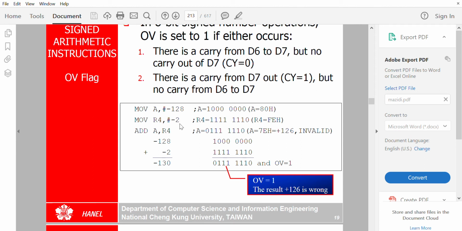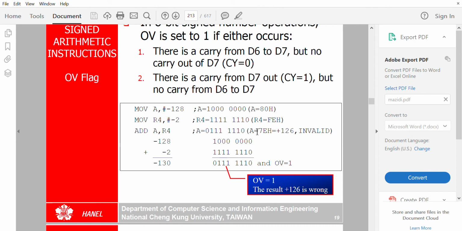And if you add these two, then your answer will be 70. Okay. 0, 1, 1, 1. So 1, 1, 1, 0. Here will be 1, 1, 1, 0. So this is 7 and this is 8.